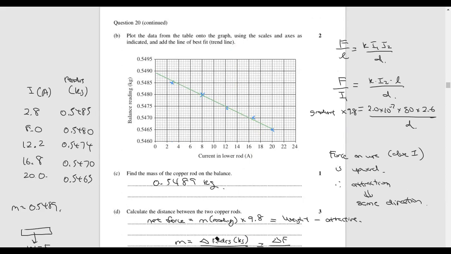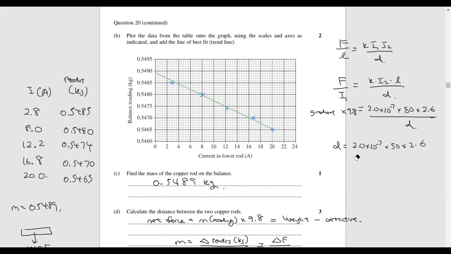The gradient in kilograms over I times 9.8 will be newtons force over I, which is what we want. And then we can solve for D. So in other words, the D that we want to get is going to equal 2.0 times 10 to the negative 7 times 50 times 2.6 all over the gradient of our curve times 9.8.